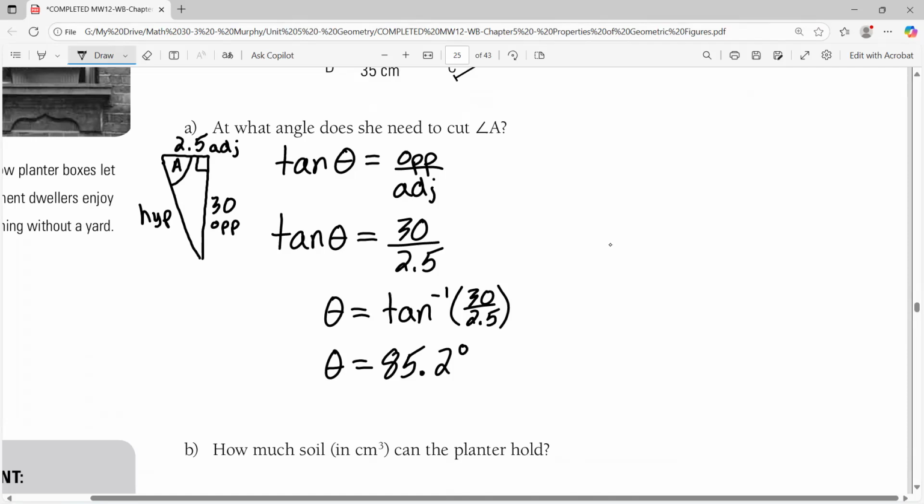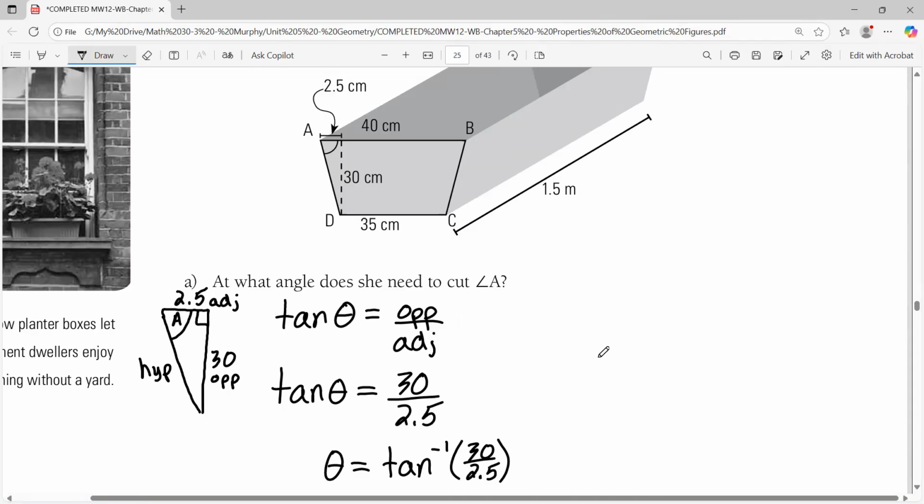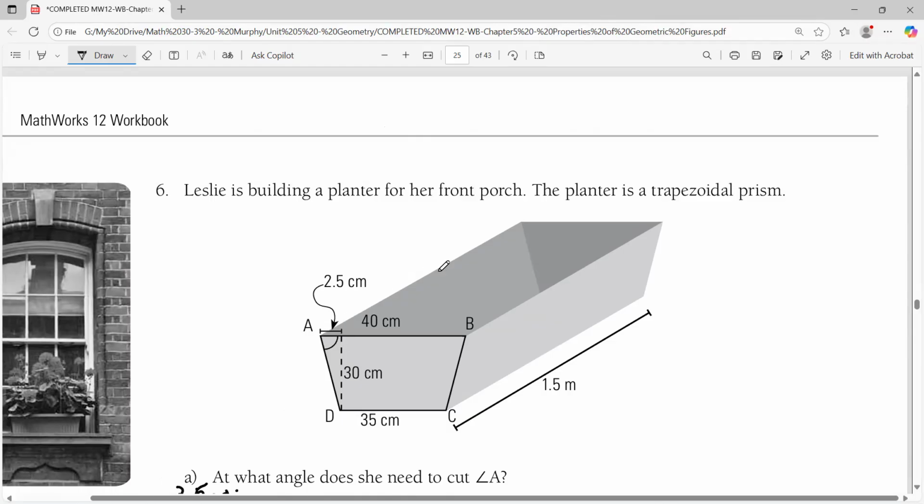Now, B, how much soil in centimeters cubed, so that's volume, as soon as you see cubed, can the planter hold? Okay, so a max amount of volume. Now, it's not usually well known, the volume for a trapezoid equation.